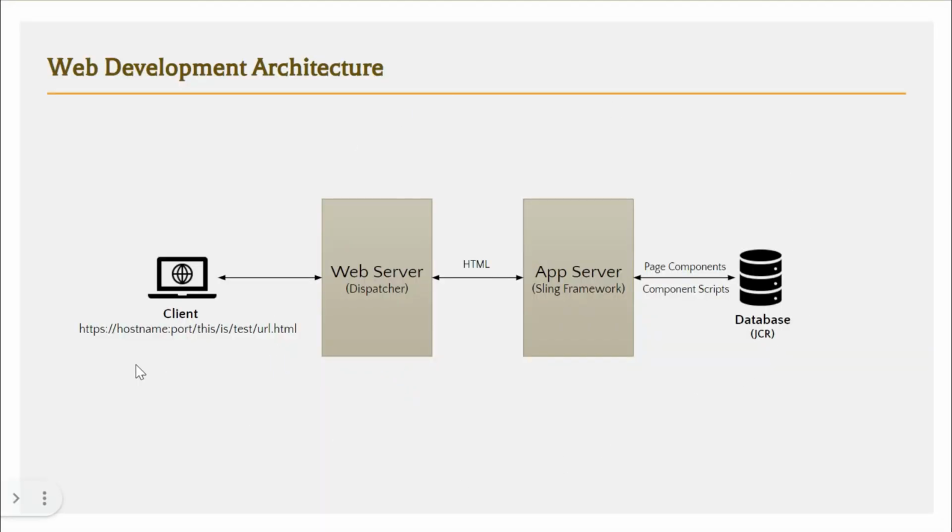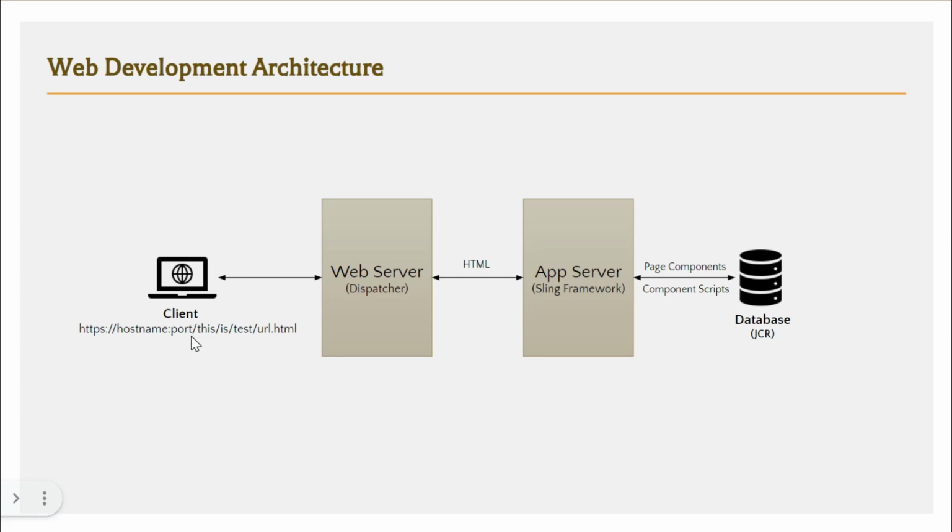First the user opens the browser, enters this path, and then the request goes to the web server. This is a dynamic page, so the web server sends the request to the app server, and then our Apache Sling framework will kick in. The Sling framework will see this URL, this path.